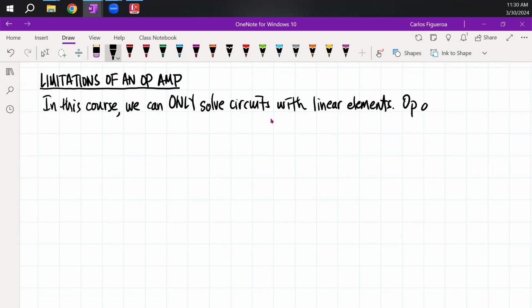Op-amps are also linear by this observation.